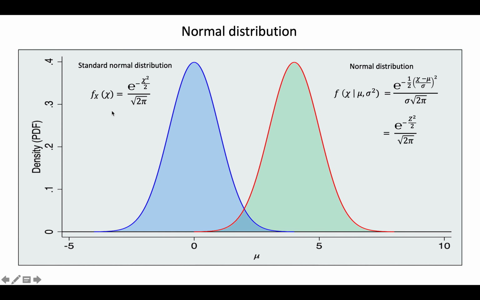So this is the function of the curve, and then you can see here the description or the notation of the normal distribution in terms of statistics. So basically it is e to the minus z squared over 2, and this is all divided by the square root of 2 pi.